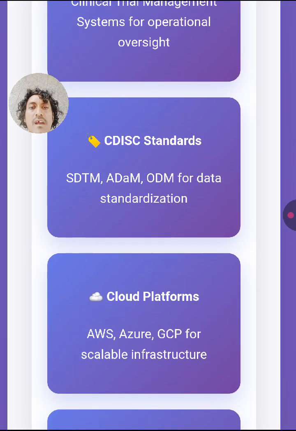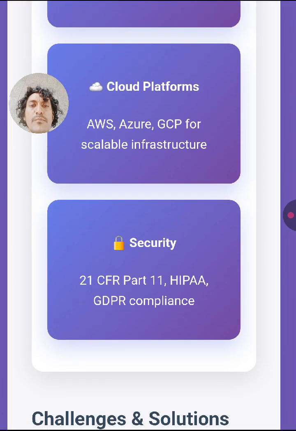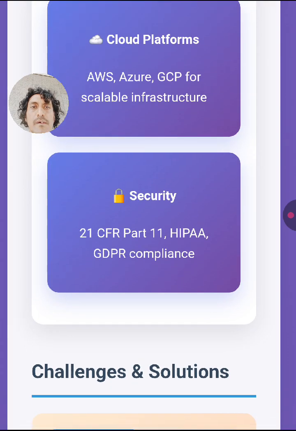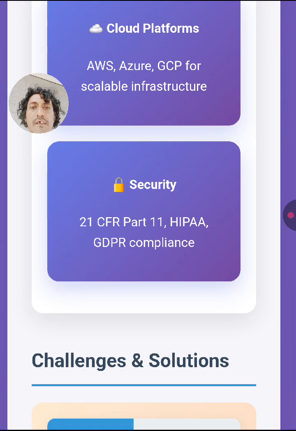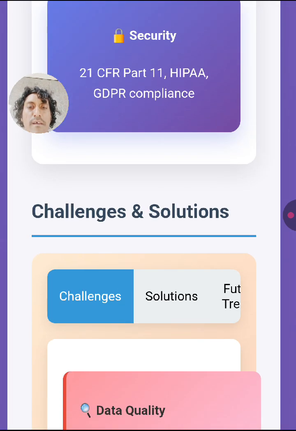Then we have CDISC standards, SDTM, ADaM, ODM for data standardization. Then we have cloud platforms, AWS, Amazon Web Services, Azure, GCP for scalable infrastructure. Then we have security components like 21 CFR Part 11, HIPAA, GDPR compliance, etc.